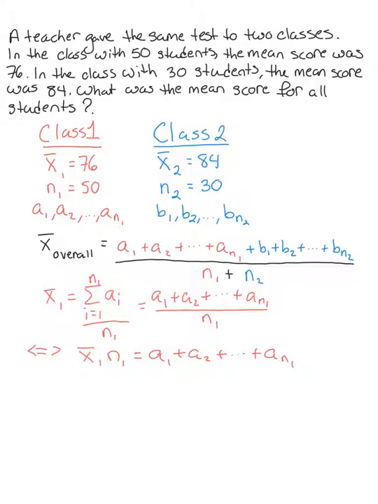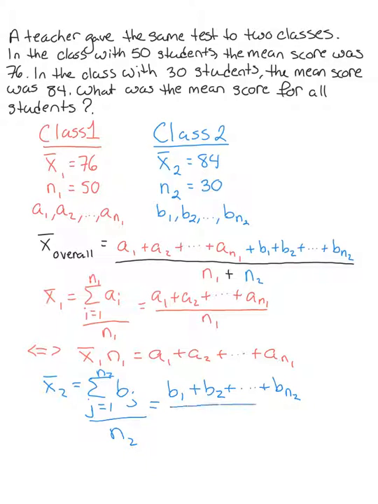From here, we can do the same thing. We can find the score here, and I'll use j for this one. The mean is the sum of the Bj values divided by N2, and this will give us B1 plus B2 plus dot dot dot up to BN2, all divided by N2.